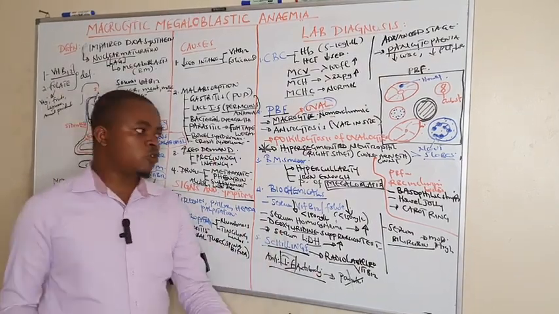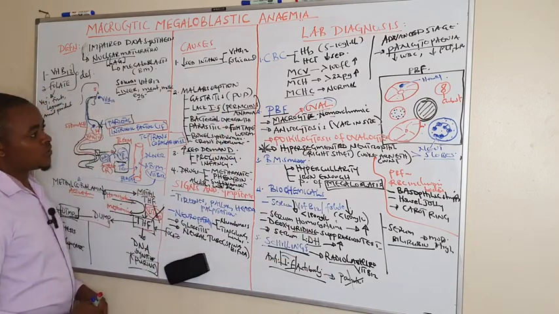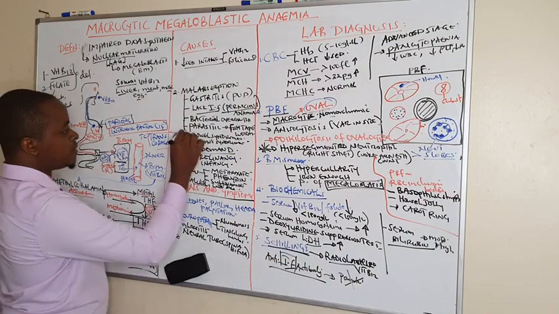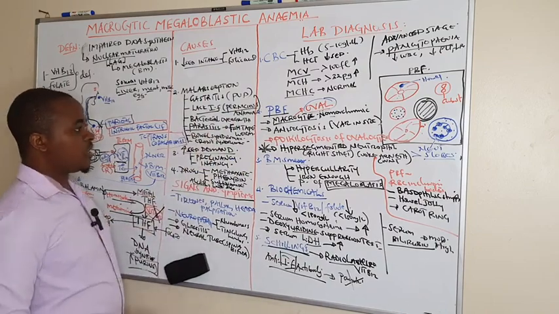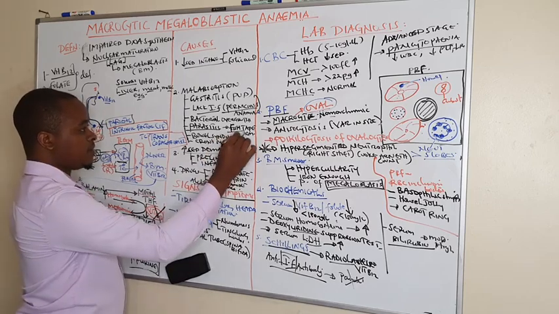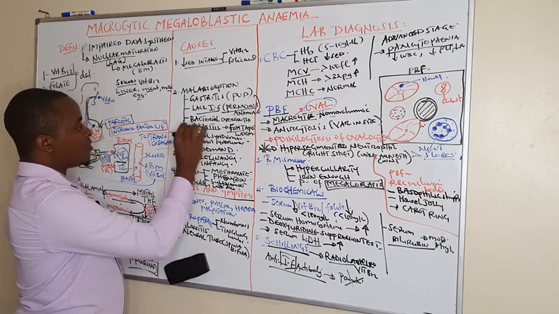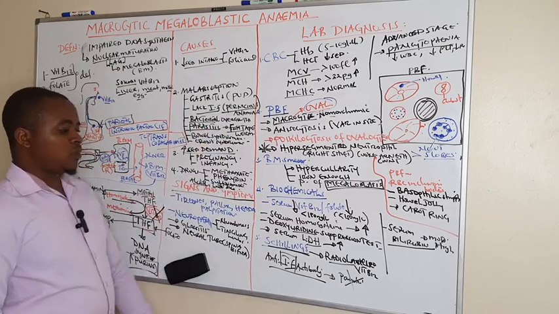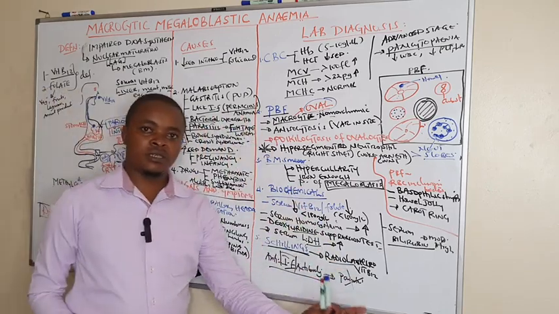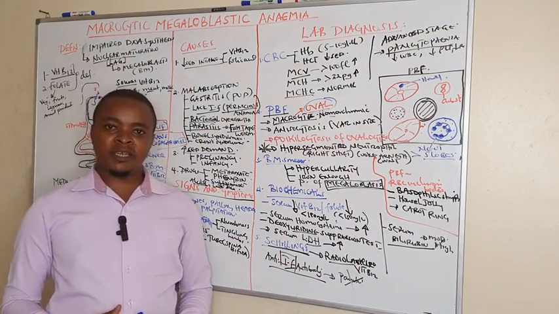We can also do endoscopy to rule out gastritis, depending on the cause. We can also do stool analysis to rule out fish tapeworm, to look for the Diphyllobothrium latum eggs. Then bacterial overgrowth and so forth. So these are the lab tests we can do to confirm megaloblastic anemia.